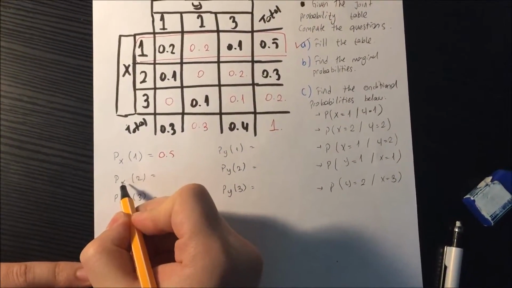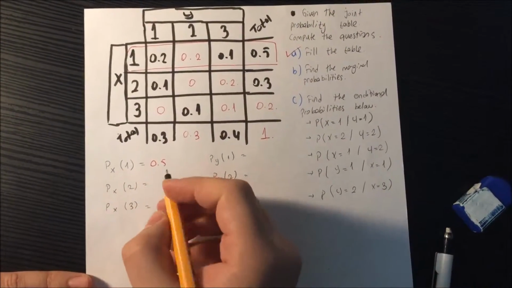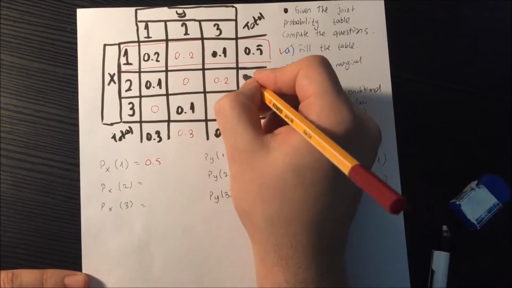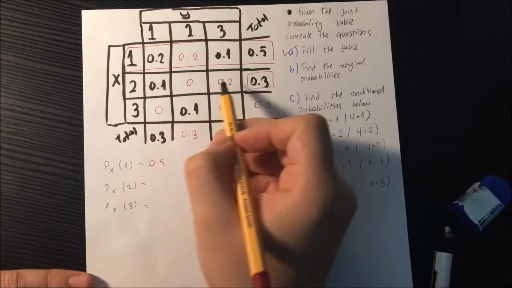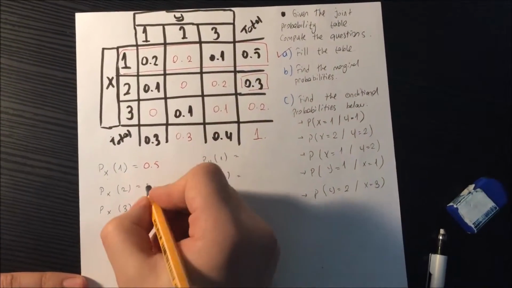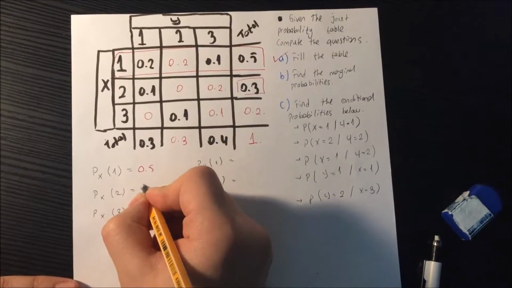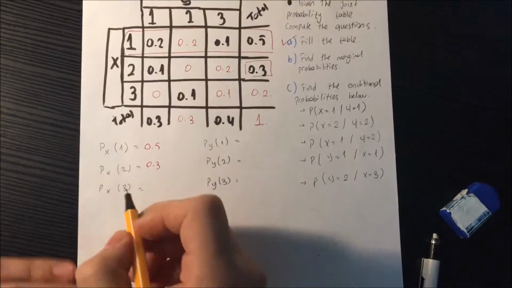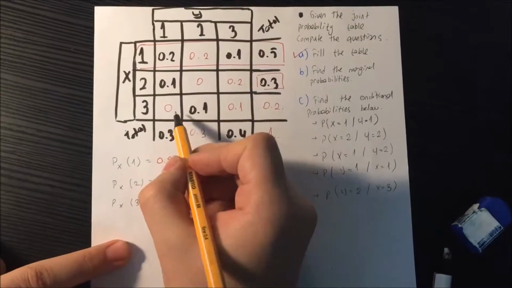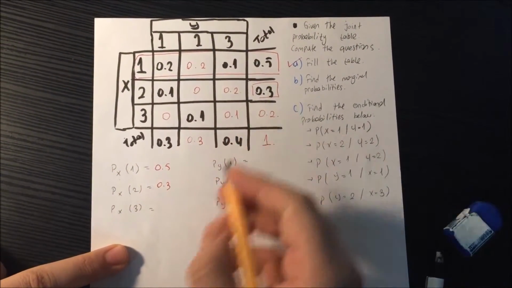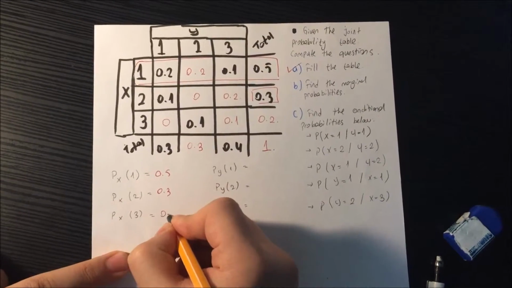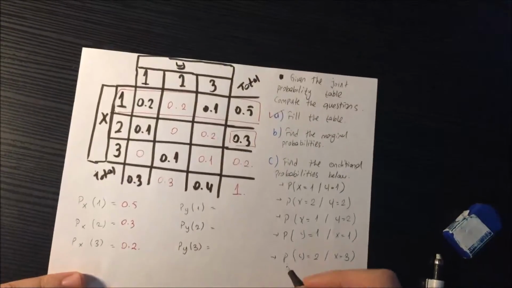And Px2 is equal to this one actually, and it is 0.1 plus 0.2, so it is 0.3, and Px3 is 0 plus 0.1 plus 0.1, so it is 0.2 again.